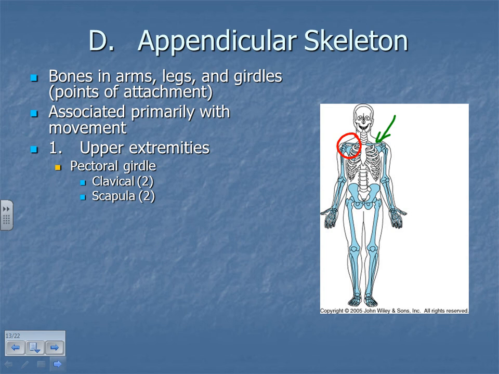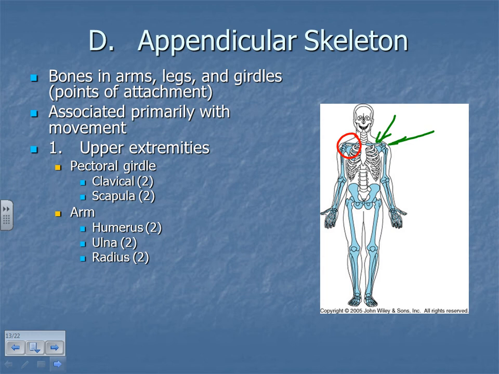Your shoulder blade is called your scapula. Okay, so again, on your diagram, if you want to follow along, number 13 is your clavicle. Number 15 is your scapula. Okay, and you'll notice that the pectoral girdle is kind of sloppily put together. There's a lot of range of motion.